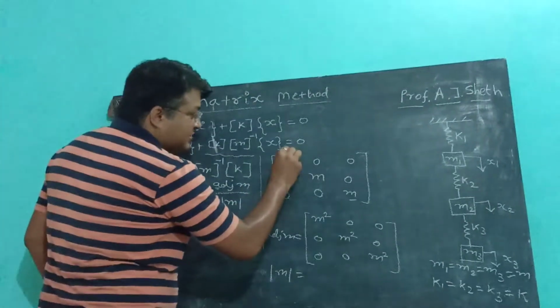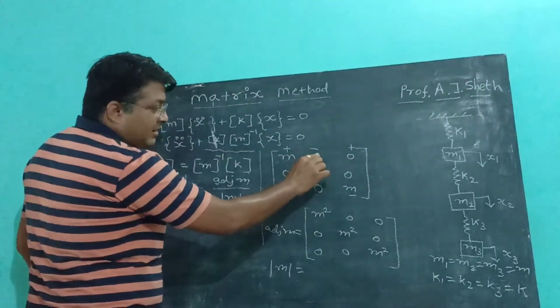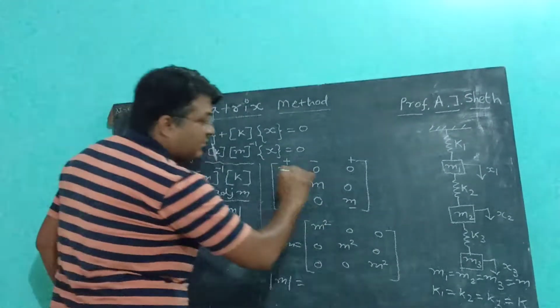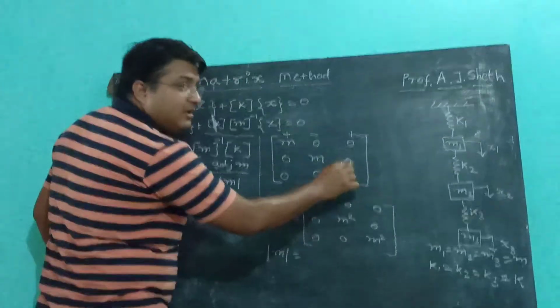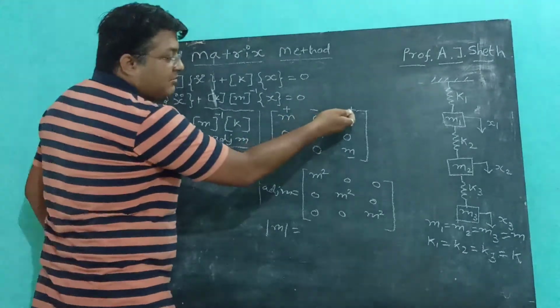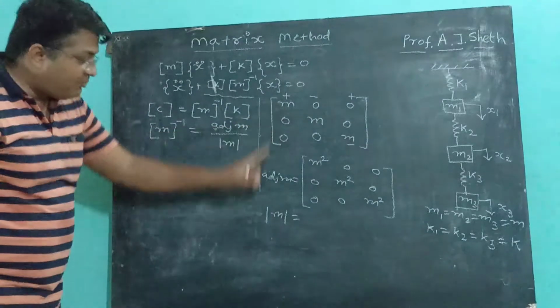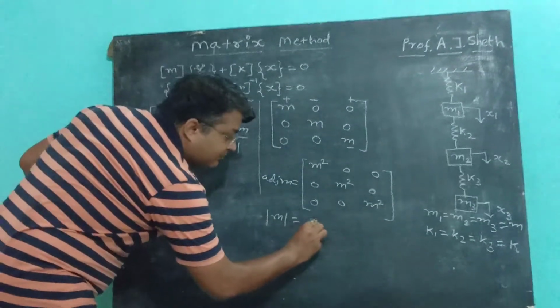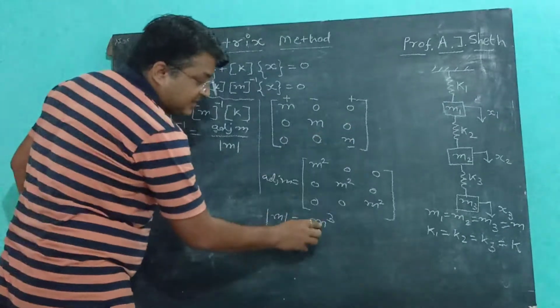For this place the signs are plus, minus, plus, so 0. Forget this column and row. It is 0 with m, 0 with m, finally multiplied with 0, so that value is 0, plus this value is also 0. So mod m is m into m square, that is m cube.